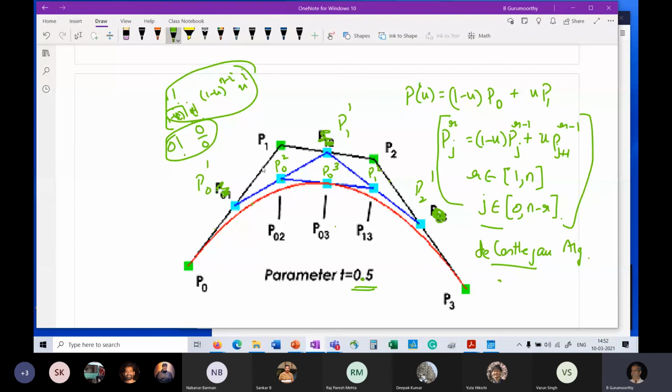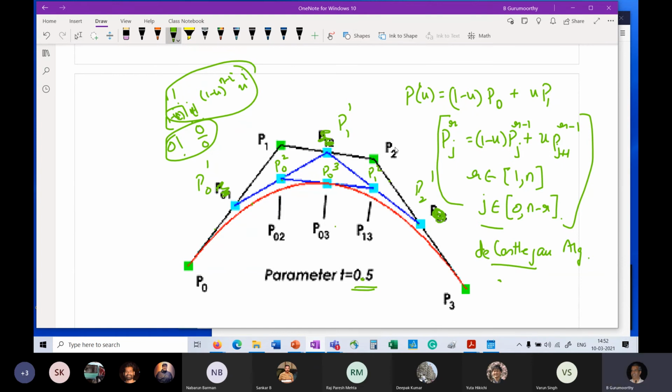Now, the reason why we study this at all, A, of course, it's for your own interest because this is a more construction-based technique and therefore intuitive and much easier for you to construct the Bezier curve instead of remembering that expression or the formula that we had seen for the Bernstein polynomial. But the more interesting thing is that this also tells you why some of the properties of the Bezier curve accrue to the curve, right?